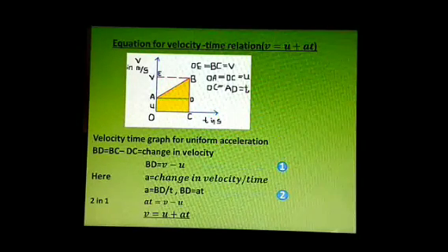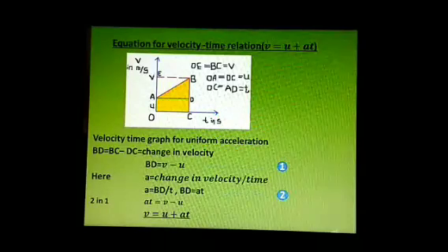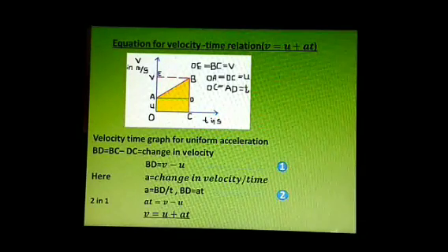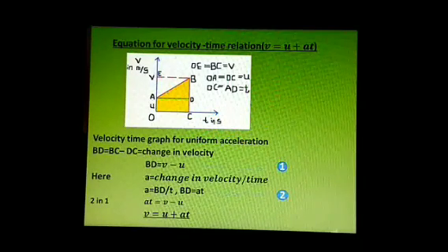Then from the graph we can understand the object is moving with an initial velocity U, and after a time interval its velocity is V, and during this time interval the object travelled a distance of S meter.